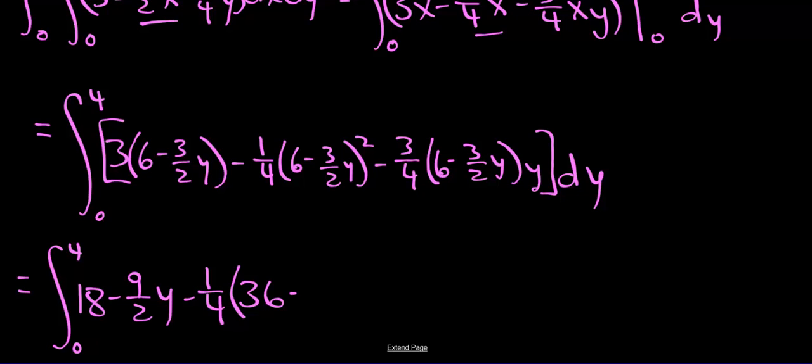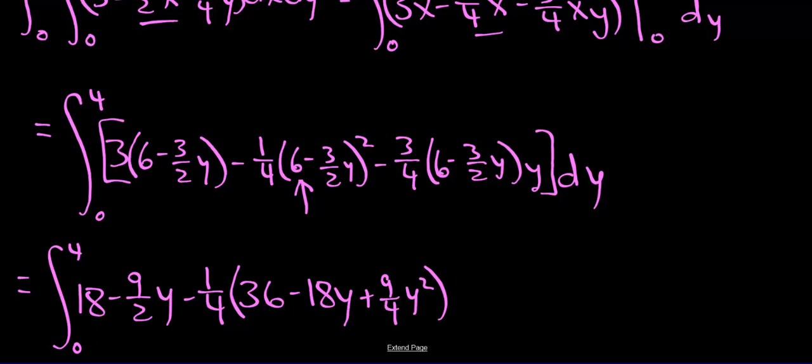So that's minus 9, that's minus 18, and then plus 9/4 y squared. Now, did I do that right? I took the first term, squared it, then I did 2 times the product of the first and the second term. The product, 6 times 3 halves, I've got 9, so that's right.